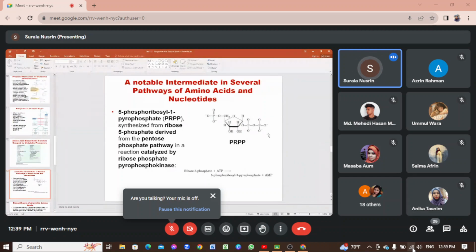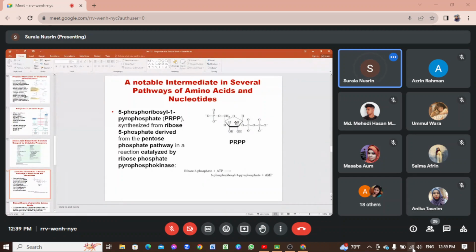If you look at the structure, the pentose sugar has a phosphate group at carbon number 5, and 2 phosphate groups attached to carbon number 1. That is the pyrophosphate. The abbreviation is PRPP.